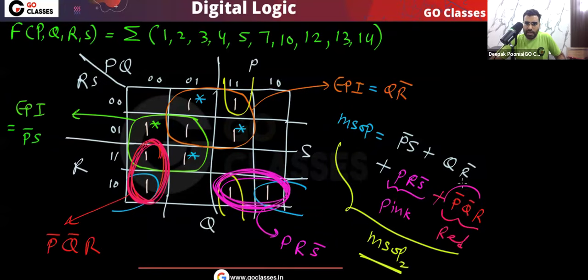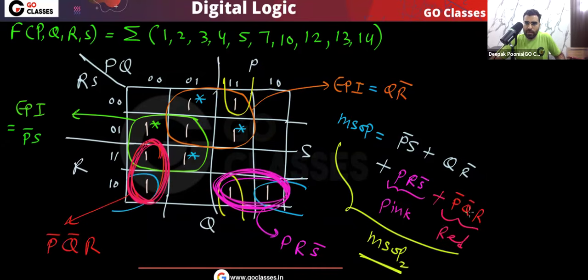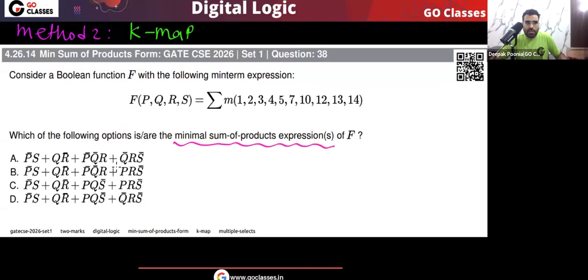P bar, Q bar, R I have, but with that I have P R S bar. So option A is not a minimal SOP. Is this clear? Very easy, right? So option A is definitely not correct.